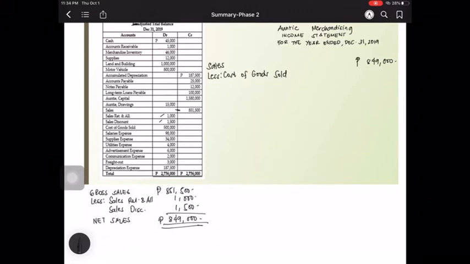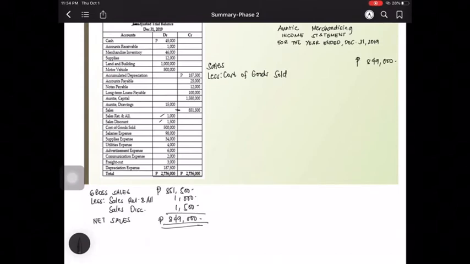Therefore, you have to present it in the most comprehensive way so that the reader would be able to immediately understand the report that you are showing them. If you shortcut it, there might be a chance that they won't be able to determine immediately what account that is. So to make it as comprehensive as possible, you just have to write down the entire word or the entire term here.